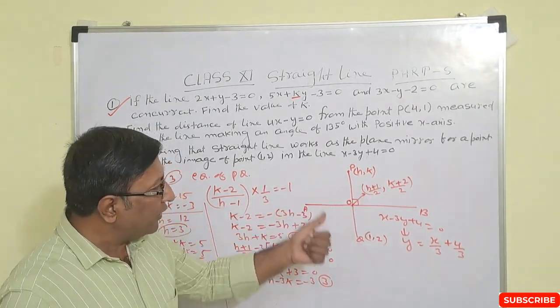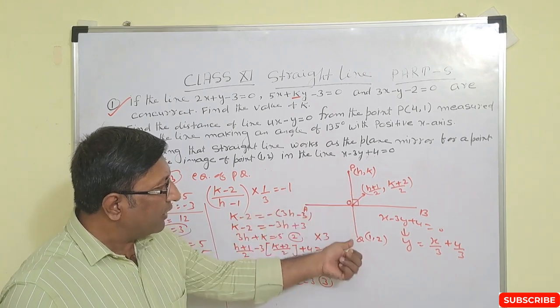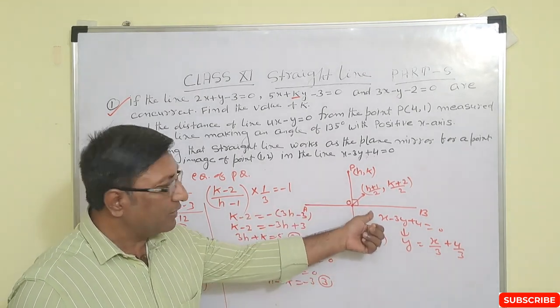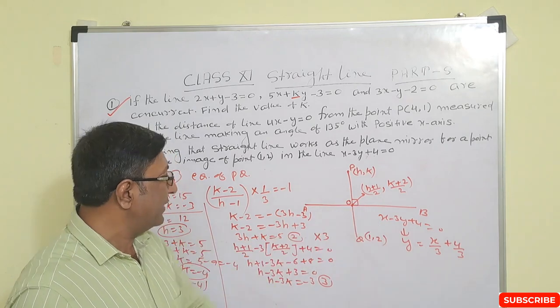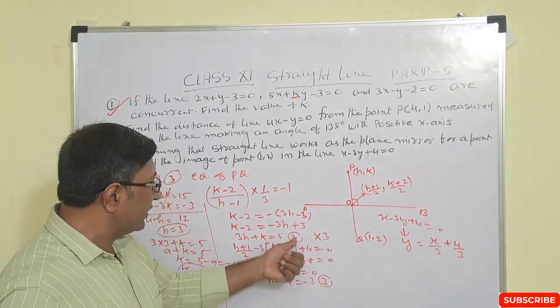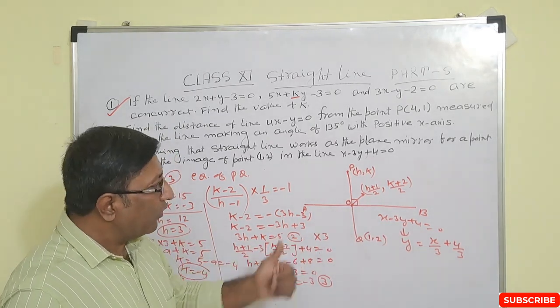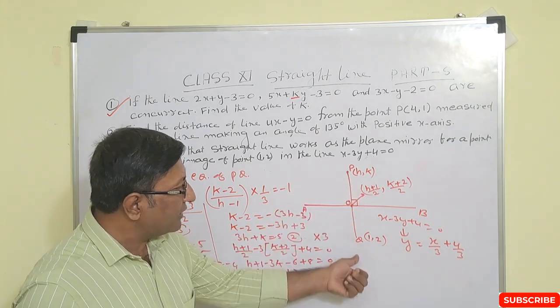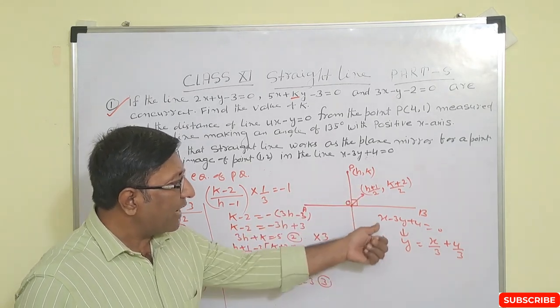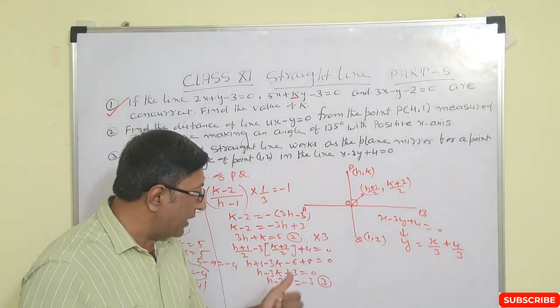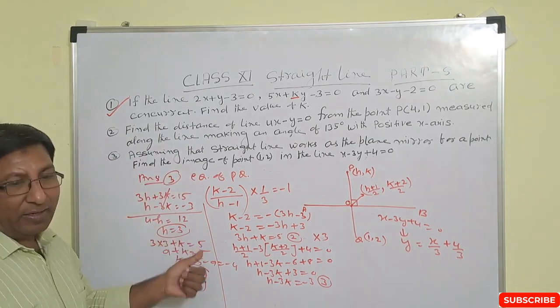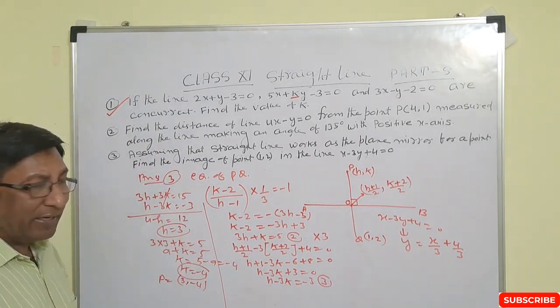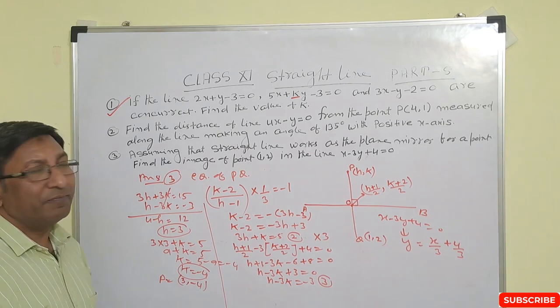First you find the slope of the given line and the slope of this line. The product of both will be minus 1. So we will get an equation between h and k. Now you know the midpoint of this line PQ satisfies the line equation. So it will give another equation in h and k. Now solve these two equations, you will get the h, k value, that is 3, minus 4.